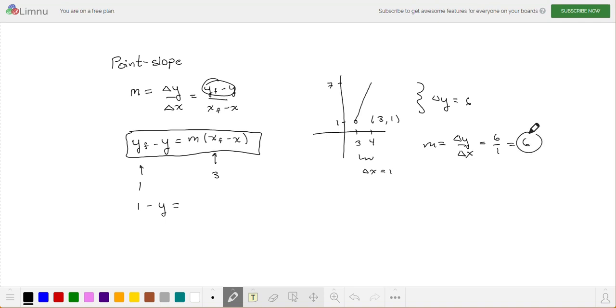So this is the slope that we're going to plug in to this equation. Okay, that's the hardest part done.